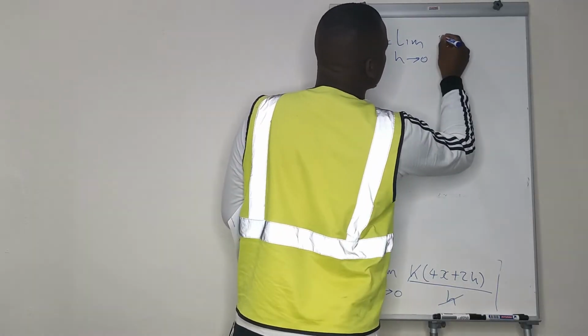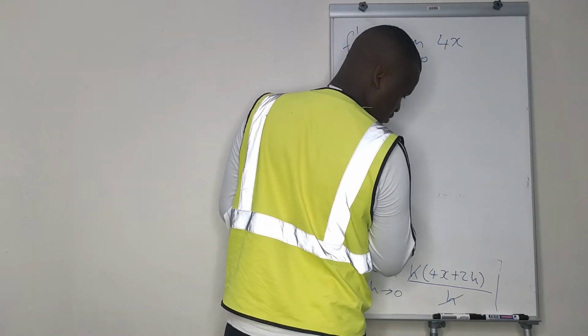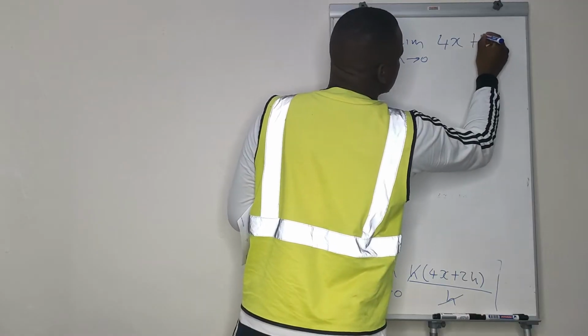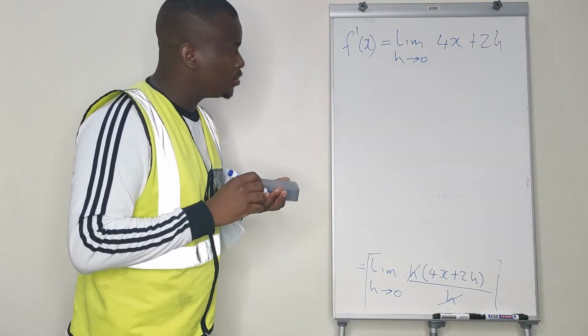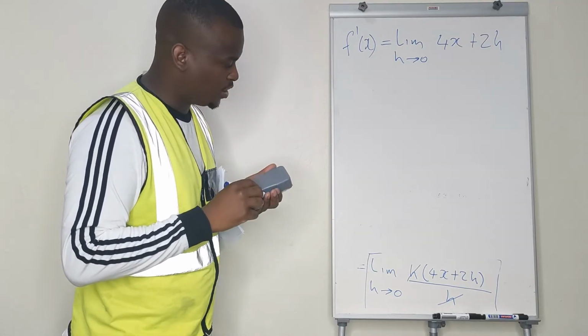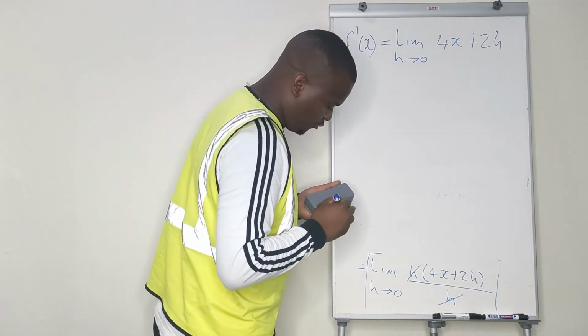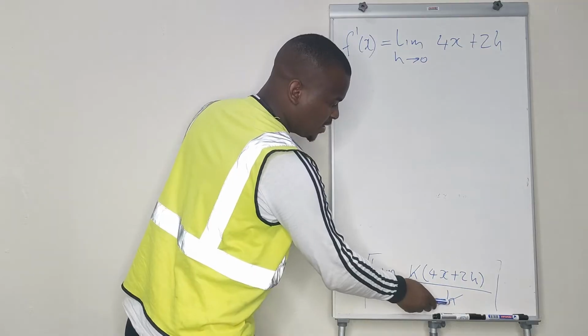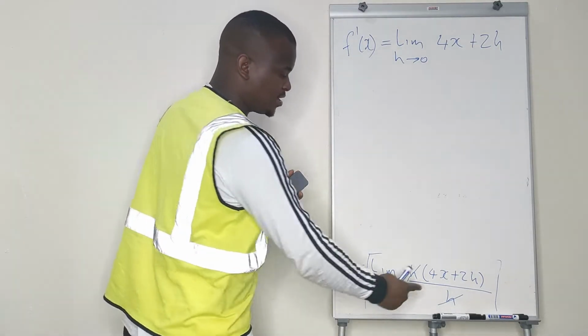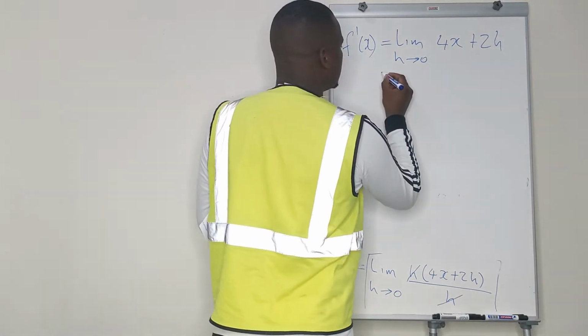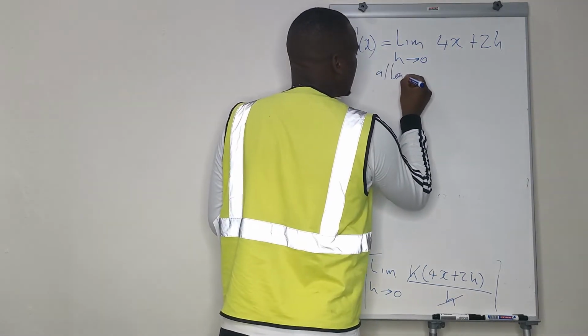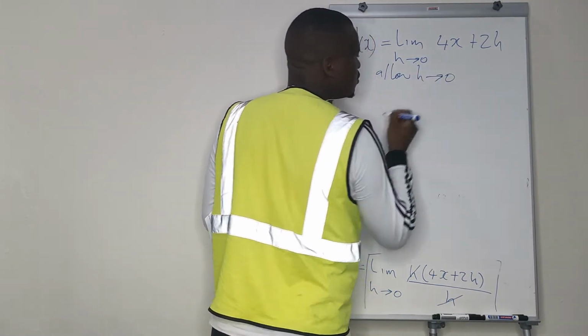Of 4x plus 2h. Right? So when you get to this point where your h that was the denominator has moved away, what you do now is allow your h to approach 0.